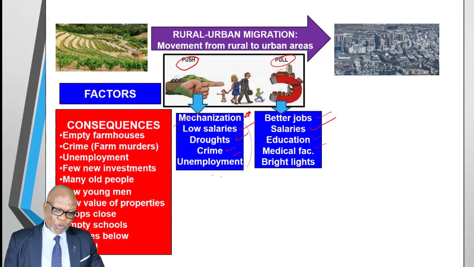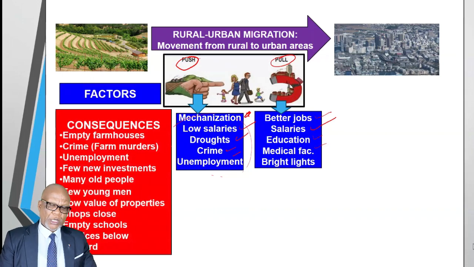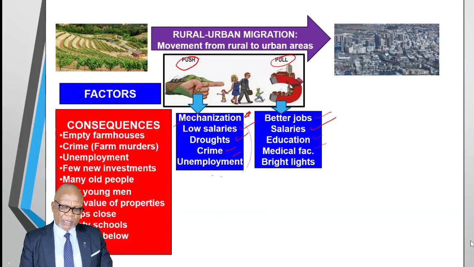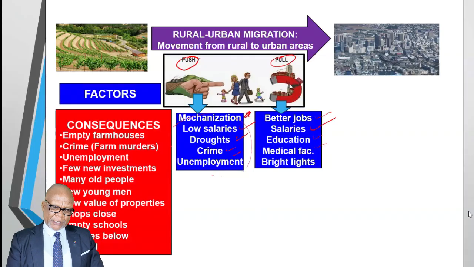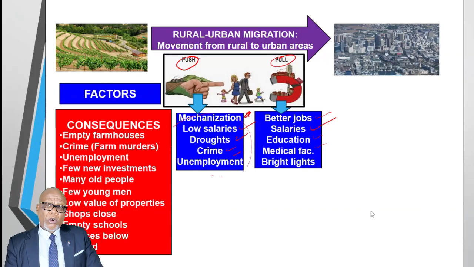So what will be the consequences once people move out of rural areas? What's going to happen? Again, you must be careful when you answer these questions. The examiner could ask about the economic impact of rural-urban migration, or the social impacts of rural-urban migration.